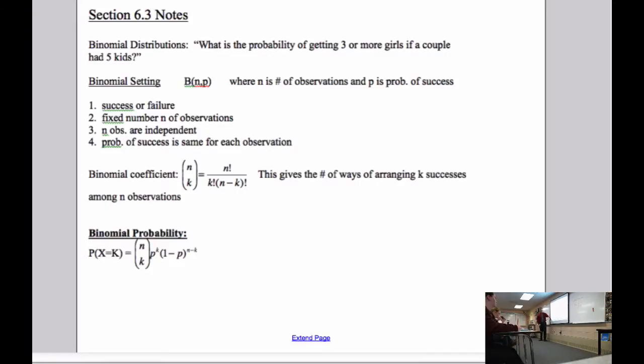This rule right here is on your College Board sheet, so you don't have to memorize it. I think it's the 5th one down on the 2nd page. It says probability, and then it gives you that equation. This is not, though, and you do need to know those 4 rules. Binomial setting.